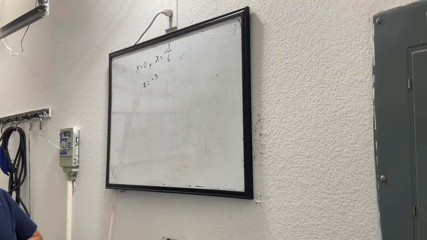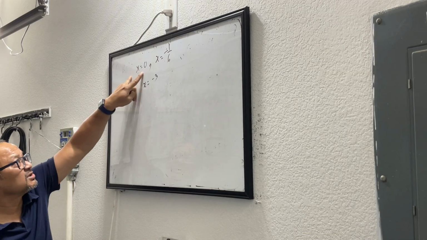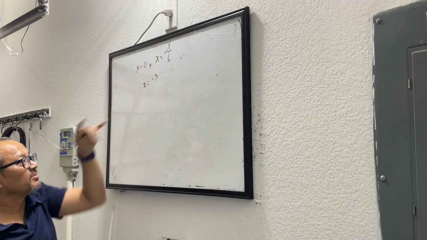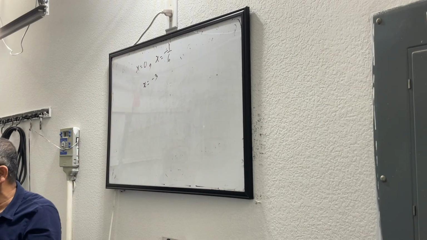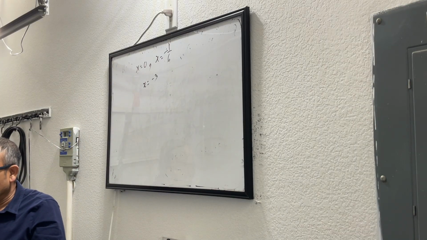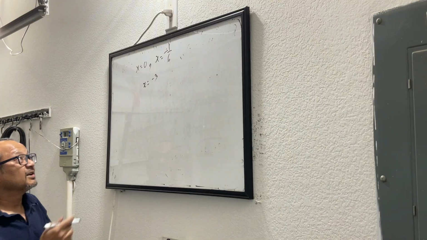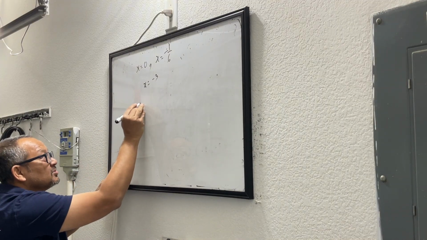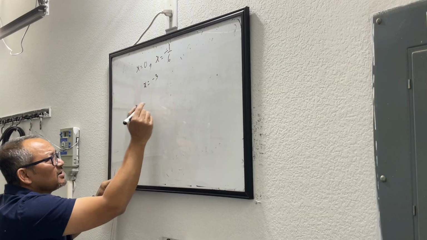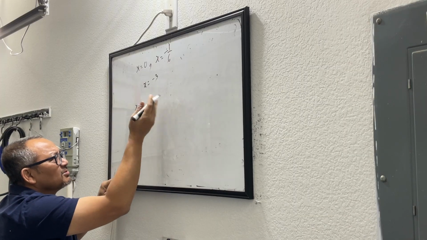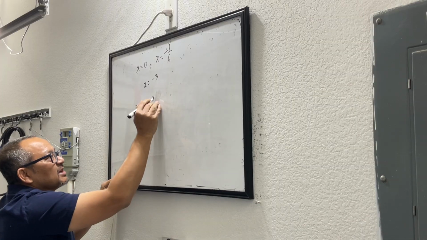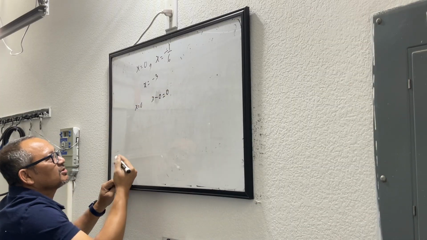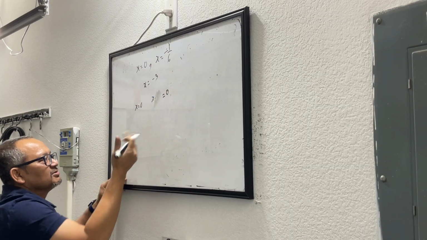How my brain is processing is: these are the zeros of the polynomial, meaning these are the points where it is touching the x-axis. So when x equals 0, if I bring 0 to this side, x minus 0 equals 0, which is nothing but x equals 0. This is one scenario.